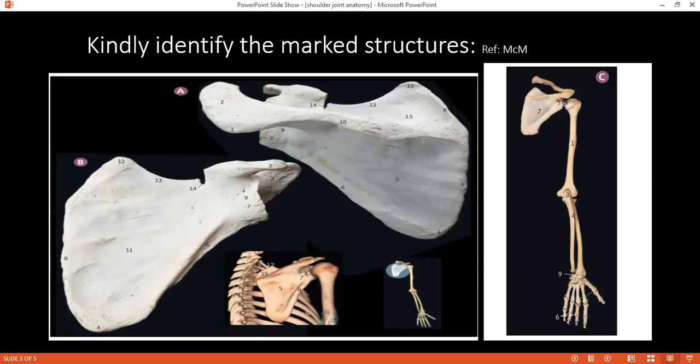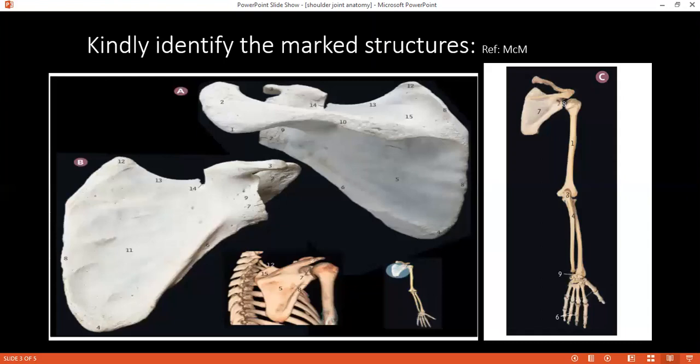Would you be able to identify which side of scapula that is just by looking at it? Yes, ma'am. This is the scapula on the left side. Left side. That's the acromion process. Yes, good. Can you identify what is this number 2, please?